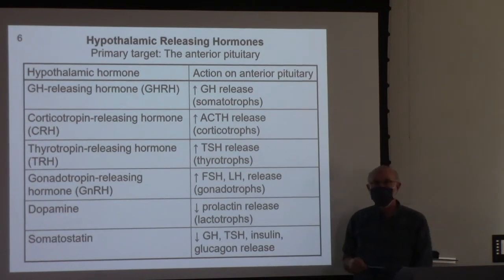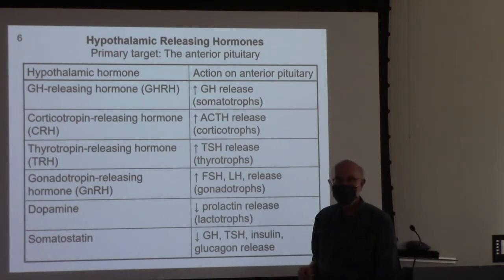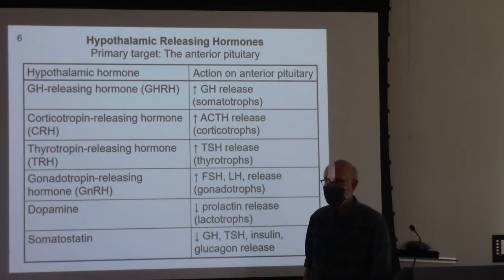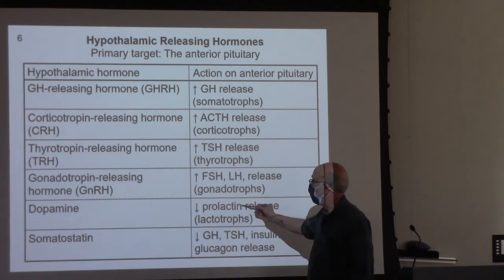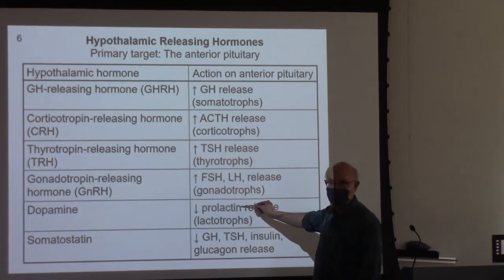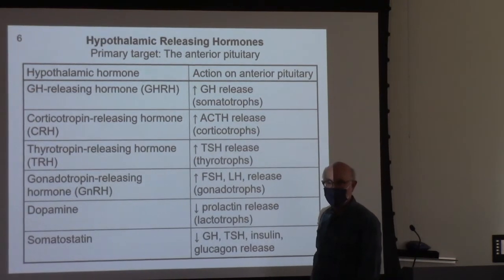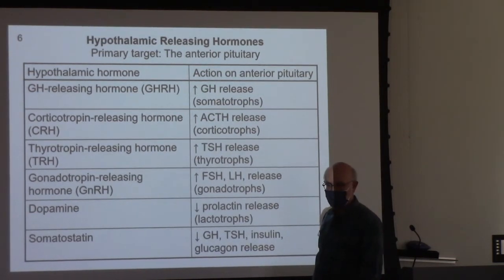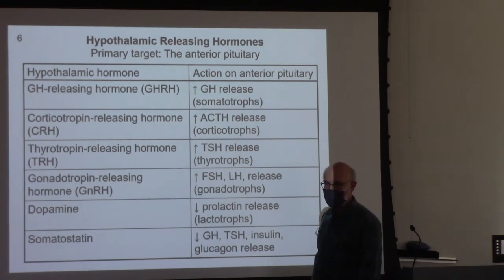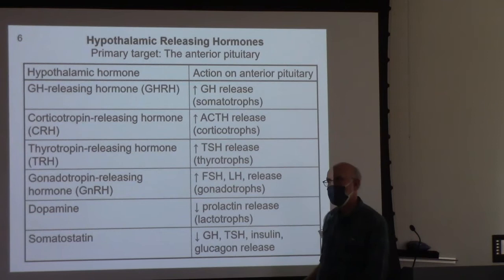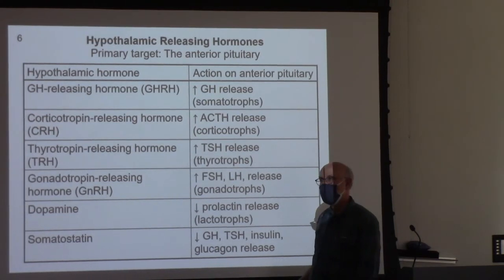Bob? Yeah. So, prolactin release, is this kind of hormone action possible for those who have undergone an XY hormone development? I'm not sure I understand. Okay, so, how do I say this?